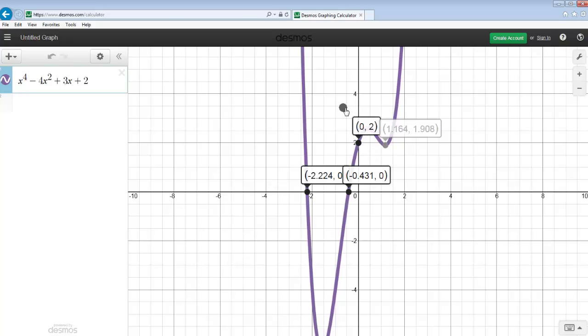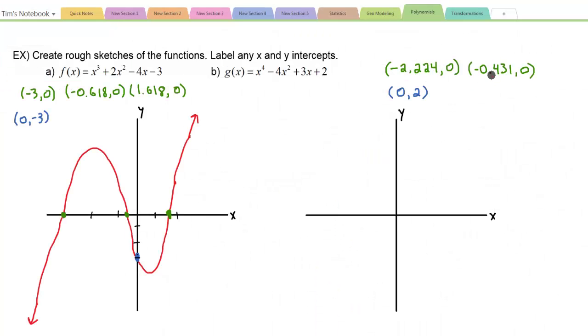So I'm going to put that onto my paper. Okay, so here's my two x-intercepts in green, and then my y-intercept is in blue. So I'm going to go ahead and plot all those on my x and y axes right here. And to do that, I'm going to throw down some tick marks. So that's going to be -1, -2, and then -3. And then on my y-axis, I'll go up to +1 and +2 there.